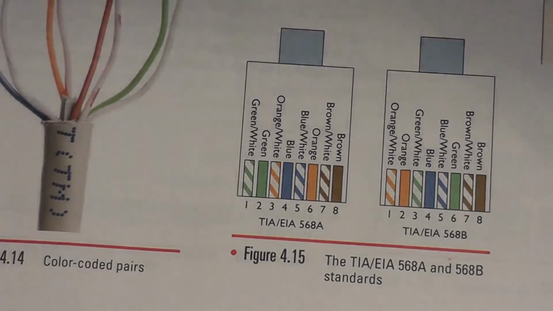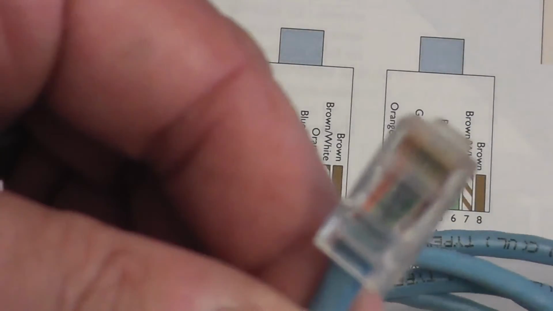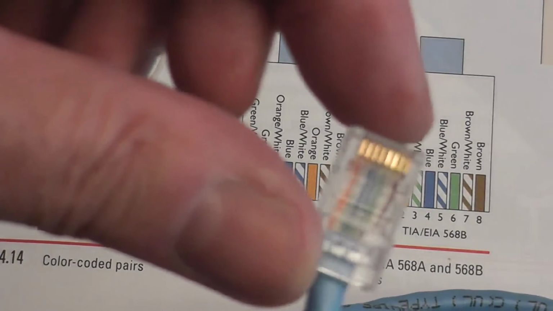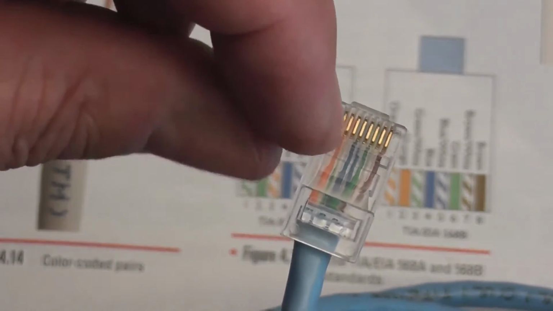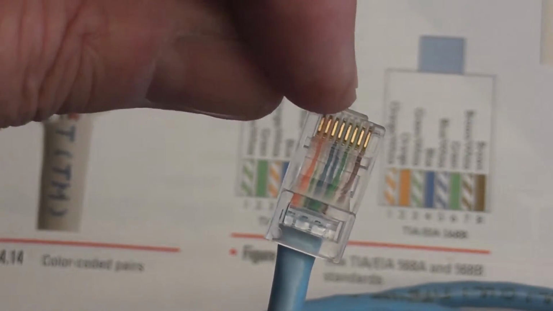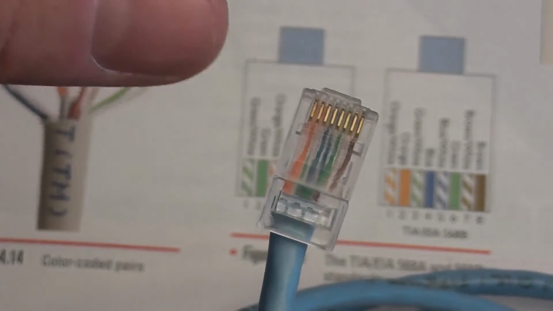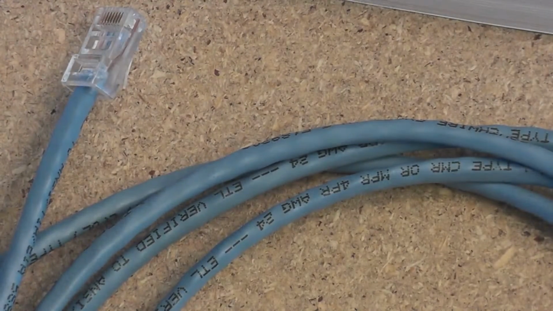So if we could look at this cable up close, I don't know how well the camera will focus on it, but it seems to be a B standard because I see the orange wire in the 1 and 2 position. So I'm going to go out on a limb and say this is a B standard wire, right? And you can tell that by looking at it.